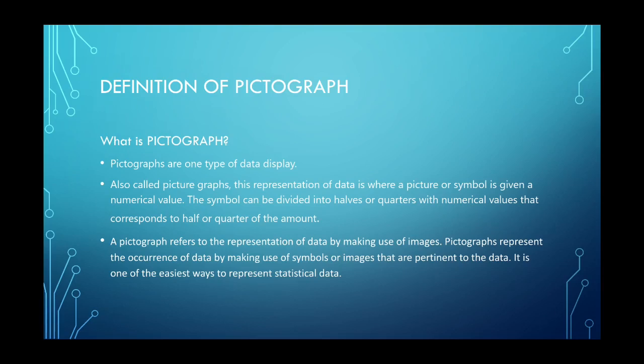A pictograph refers to the representation of data by making use of images. Pictographs represent the occurrence of data by making use of symbols or images that are pertinent to the data. It is one of the easiest ways to represent statistical data.